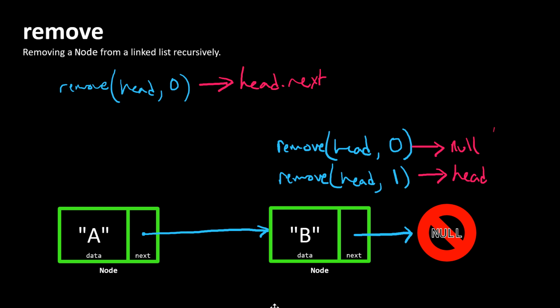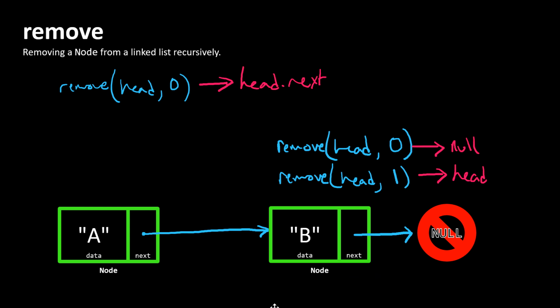So what can we do with this? Well, I want to point out a similarity here. All right, so we said that when we removed index 0 from this head node, it returned null. But that's actually just the specific value that we returned. That's kind of like saying that this is going to return this node value directly, right? But what's actually happening here is if we looked only at this node, its next is actually null.